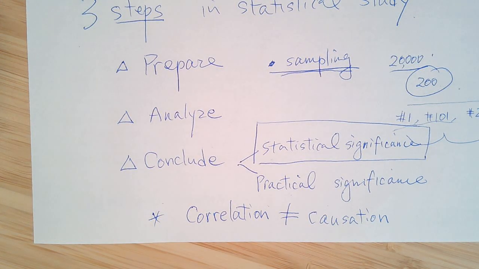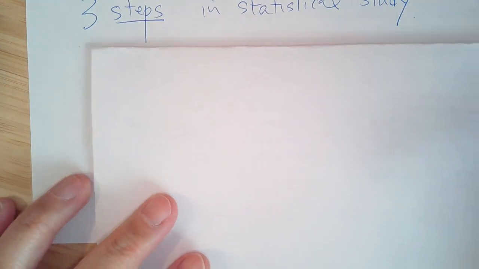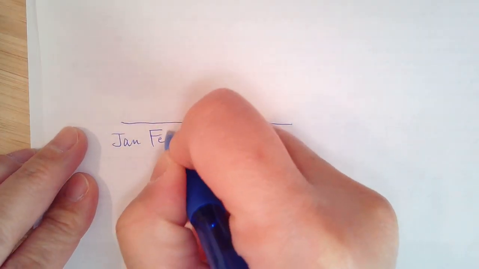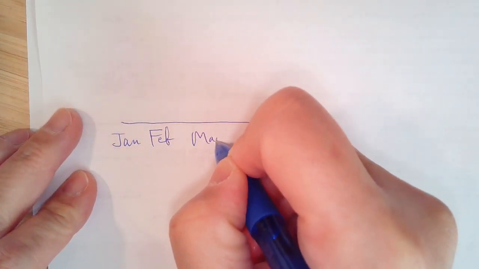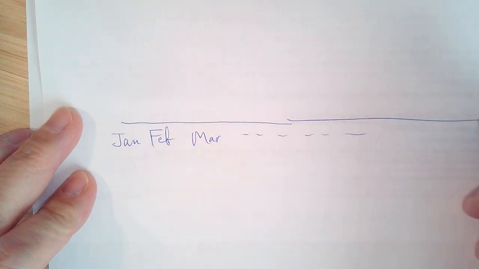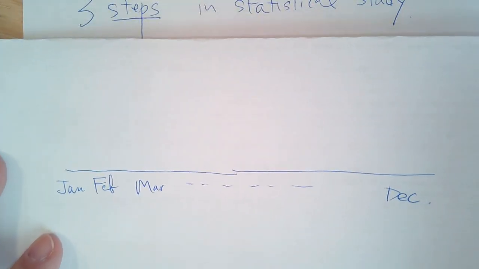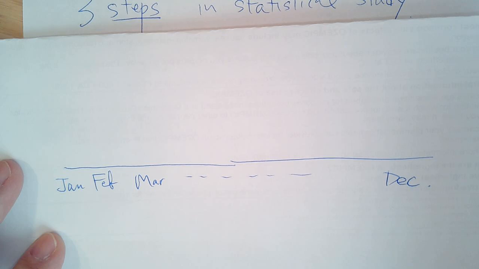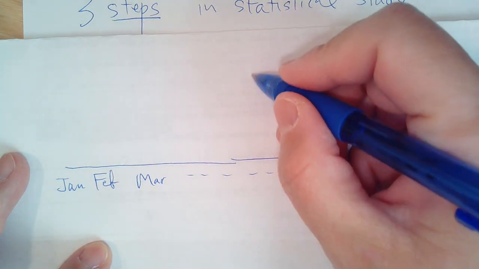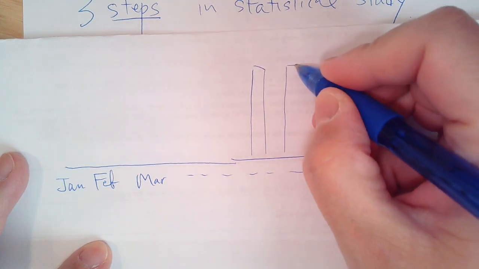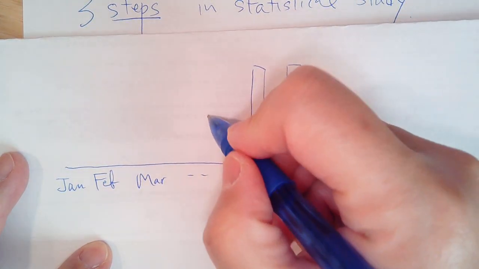A very typical example is this. If you look at the time from January, February, March, all the way to December, and you look at the ice cream sales, we know that people like ice cream in summer quite a lot, right?